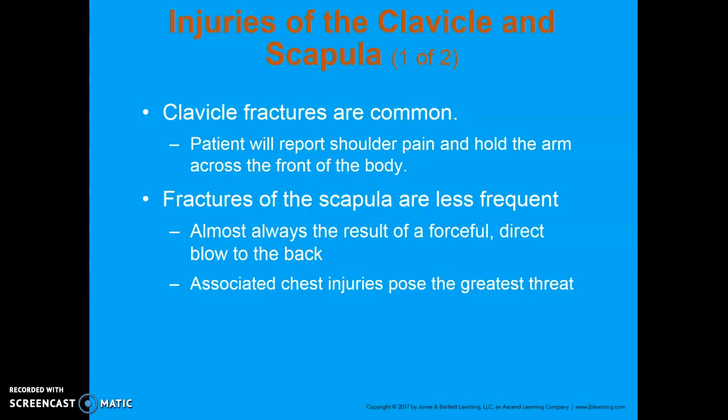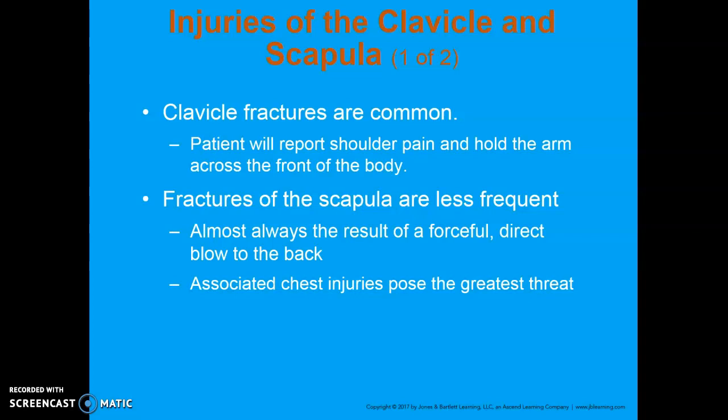Fractures of the scapula or shoulder blade are much less frequent because the bone is pretty much well protected by tons of large muscles. They're almost always the direct result of a forceful blow to the back, often directly over the scapulas.